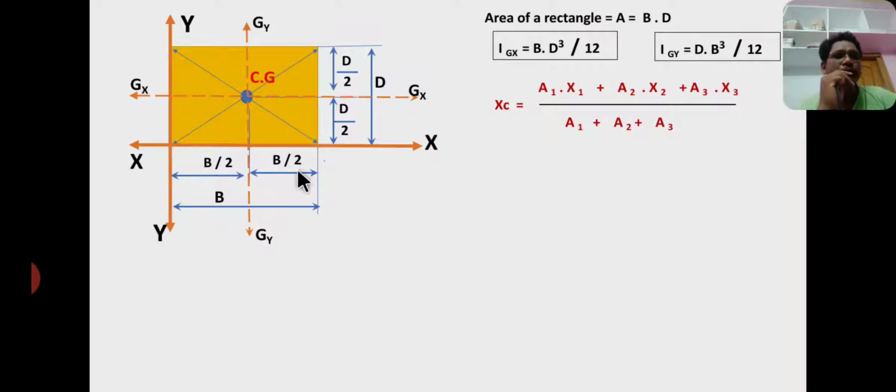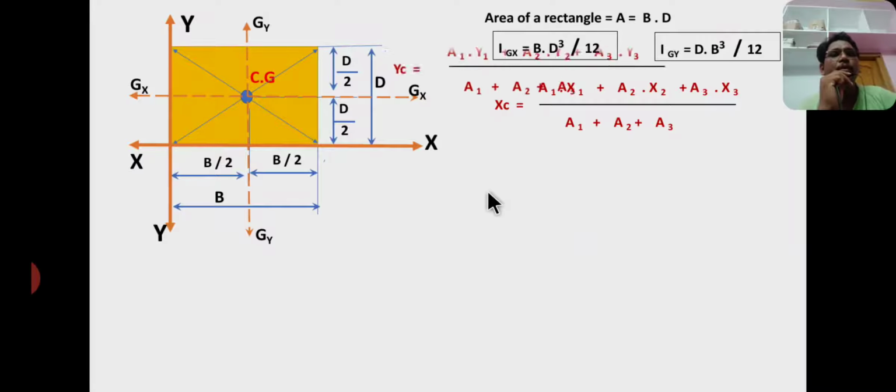Now for composite sections, XC and YC are the coordinates of the centroid, where XC is the distance of the centroid from the y axis. That means the horizontal distance between the y axis and the centroid CG. The horizontal distance between centroid and y axis is called XC.